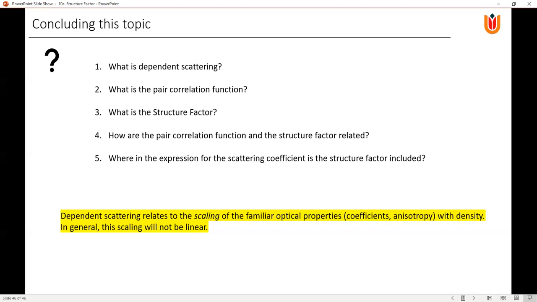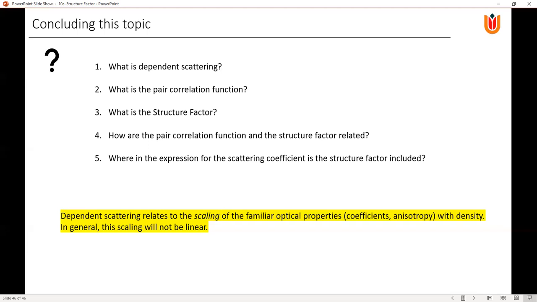And then finally, that also we saw a couple of times. If we make an extended expression for the scattering coefficient, at what point do we include the structure factor? Yeah, that was the integral of. What was the original argument of the integral?